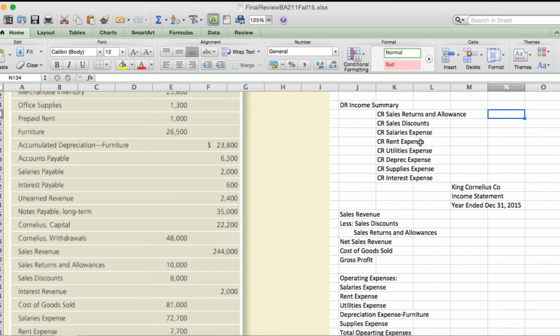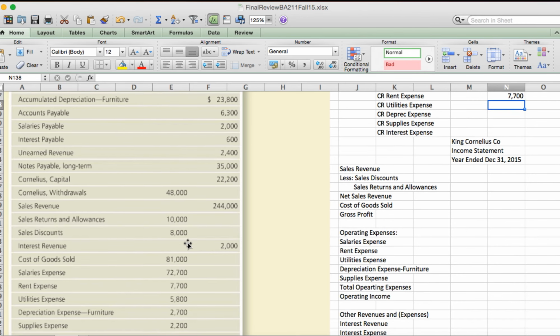So sales returns and allowances was $10,000, discounts was $8,000, salaries expense was $72,700, rent expense $7,700. Whoops. Utilities expense $5,800.